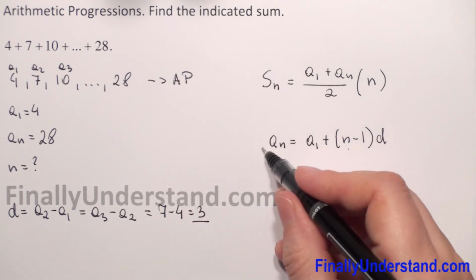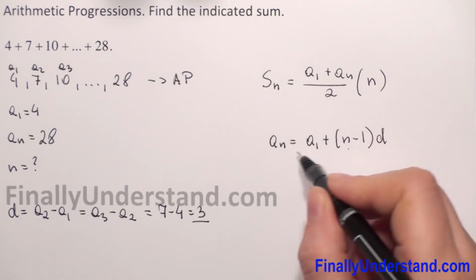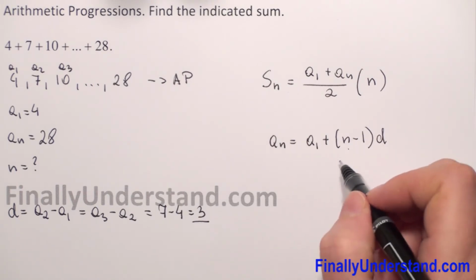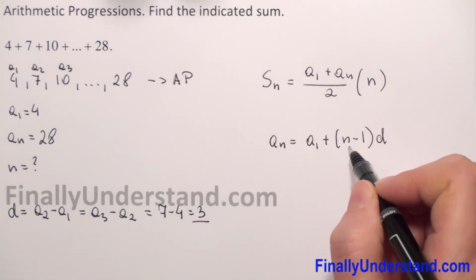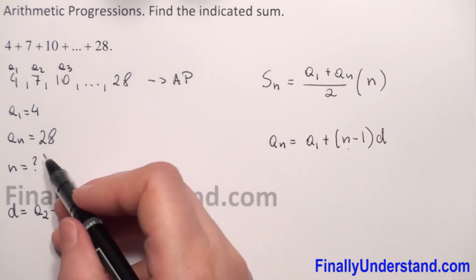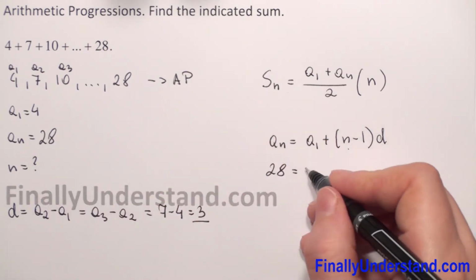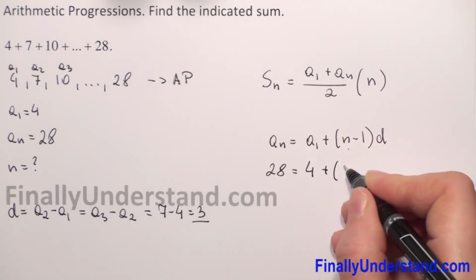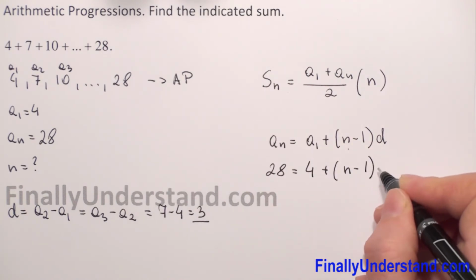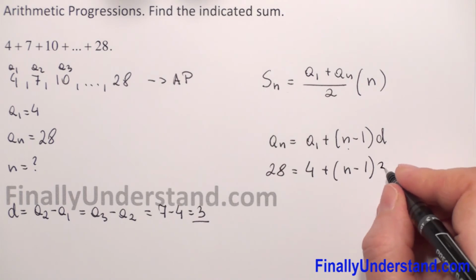So we can go to this equation and substitute whatever we have, and we will find n. an is 28, a1 is 4, plus n minus 1, and the d we found is 3.